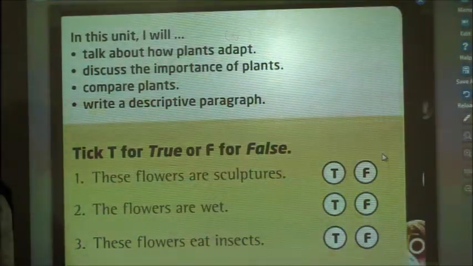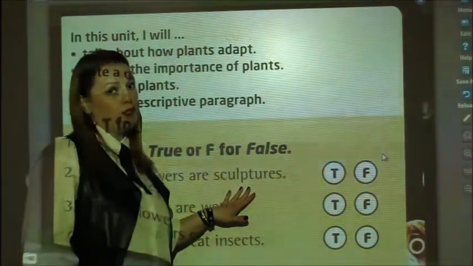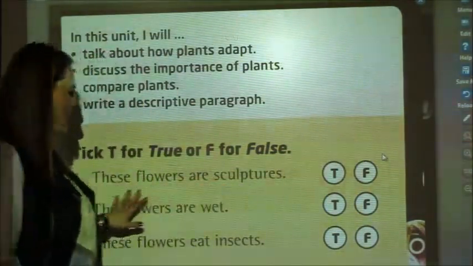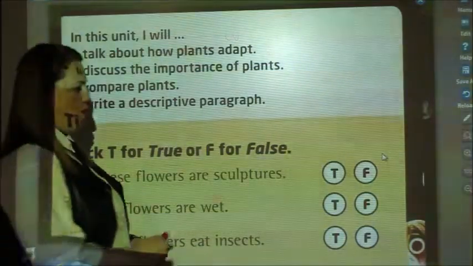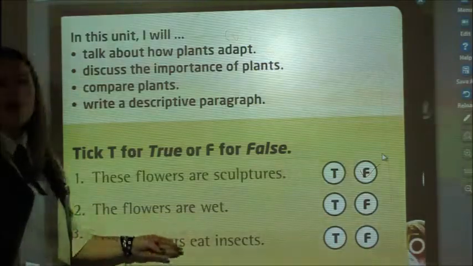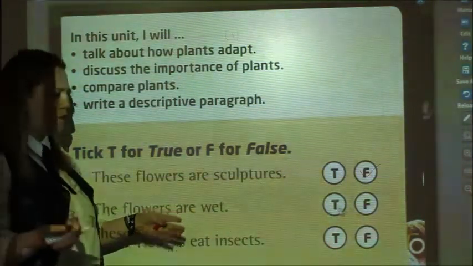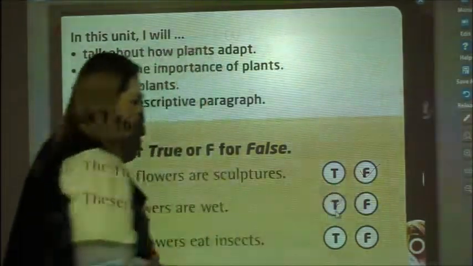So let's do T for true or F for false. These flowers are sculptures. You know what sculpture means. So are these flowers sculptures? No, they are not sculptures. And the flowers are red. Yes, because we saw some water drops around them. So this is true.